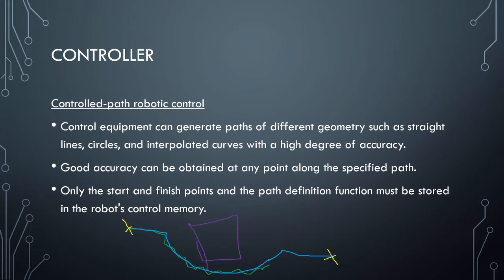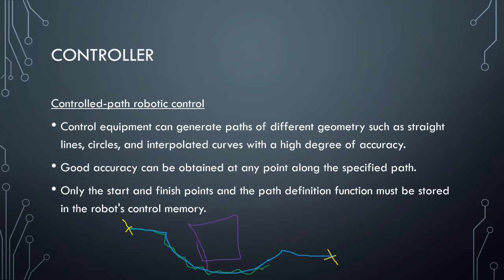If any of you have ever been involved in machining, like CNC machining, then you know that you can create a CNC code that can build in arcs and things like that. Mastercam is one of those machining programs where you can build your path. You can add in all sorts of straight lines, arcs, and different geometries, and get really precise curves. So the controlled path is certainly a lot more precise.